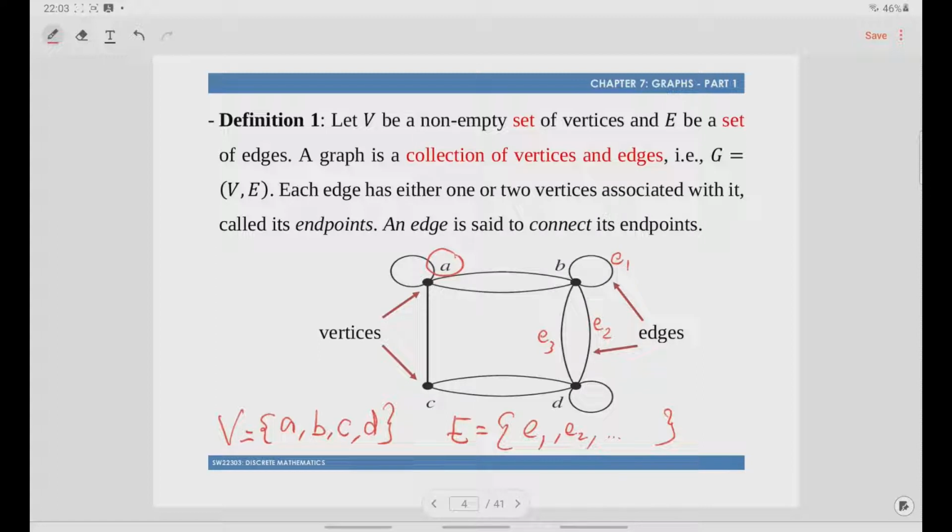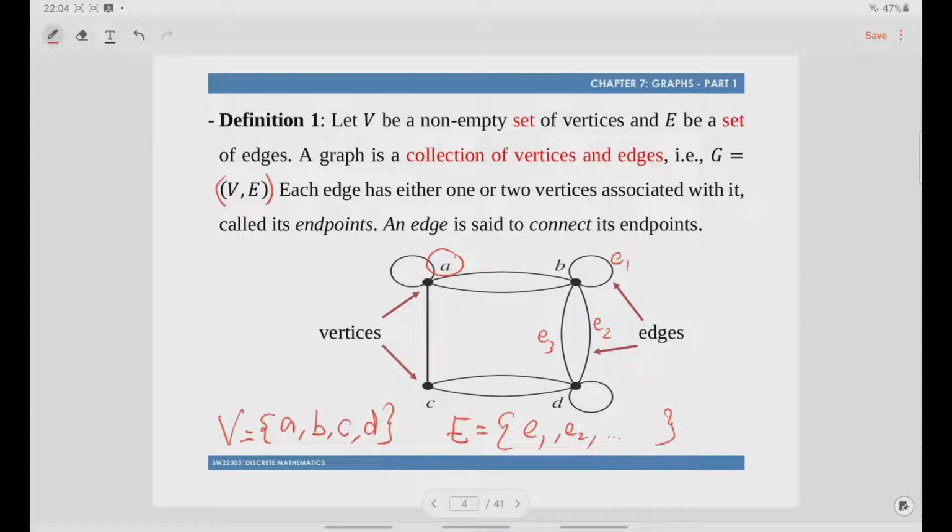So the combination of these two sets, V and E, we put together in a single parenthesis. All right, so it is the notation for the graph G. Okay, graph G is denoted by capital G equal to, in parentheses, the two sets V and E. So that is a graph, which is a collection of vertices and edges. Each edge has either one or two vertices associated with it.